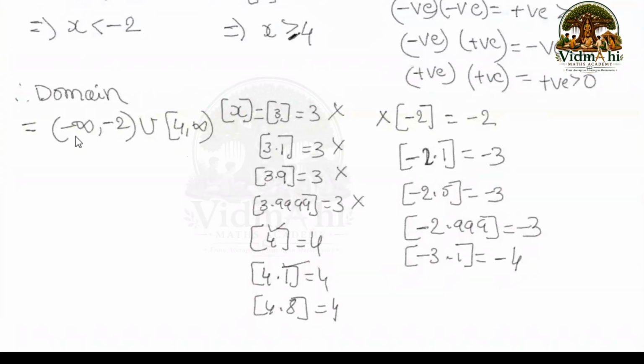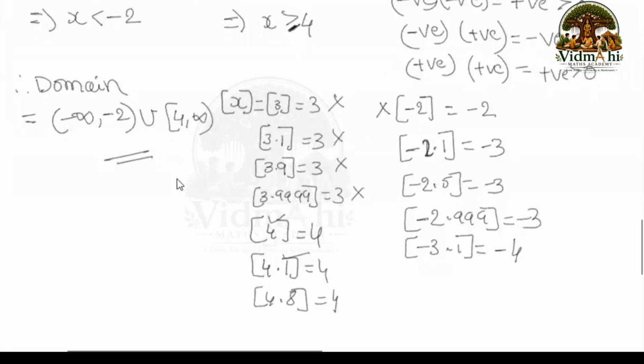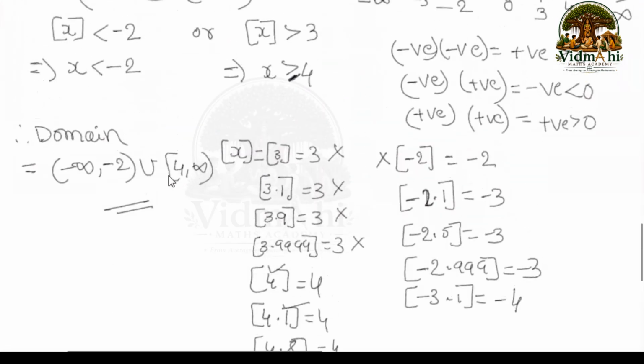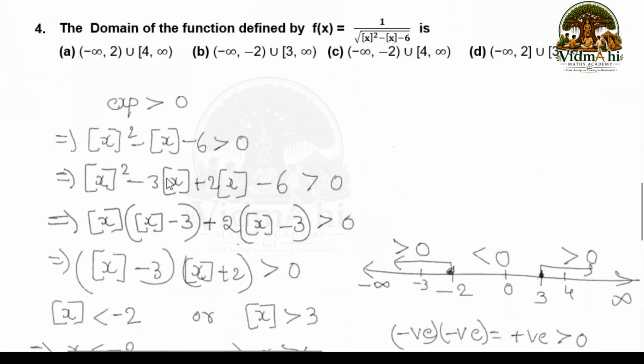So therefore, minus infinity comma minus 2 open interval union closed interval 4 comma infinity. This is the domain of the function. Option C is the correct answer.